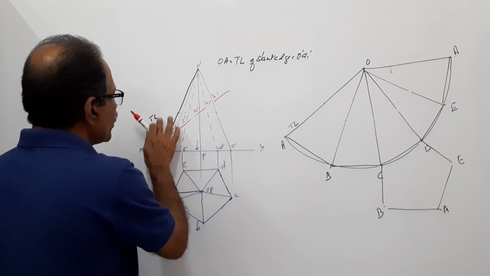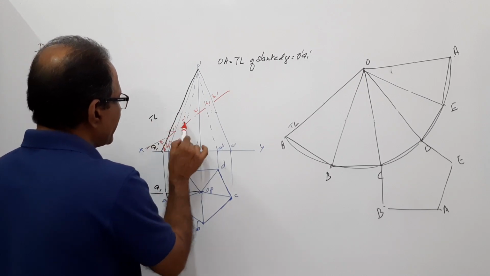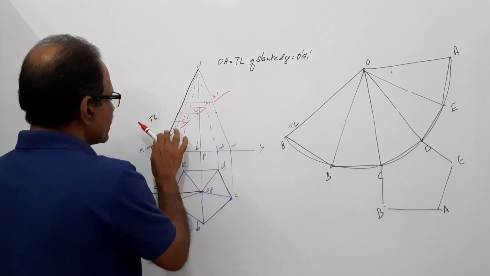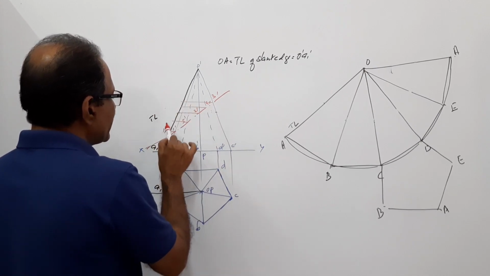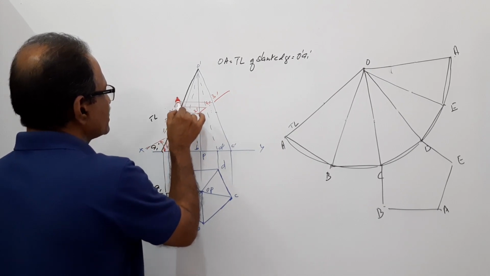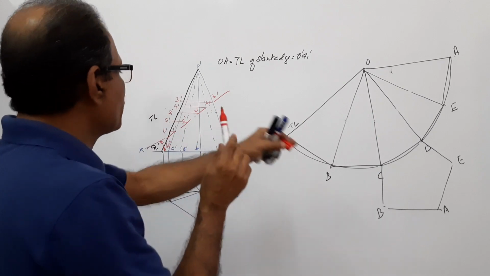So what do you have to do? You have to draw horizontal lines to these points and get points on the true length. This is 1 dash, this is 5 dash, this is 2 dash, this is 4 dash, this is 3 dash. Take them and mark.